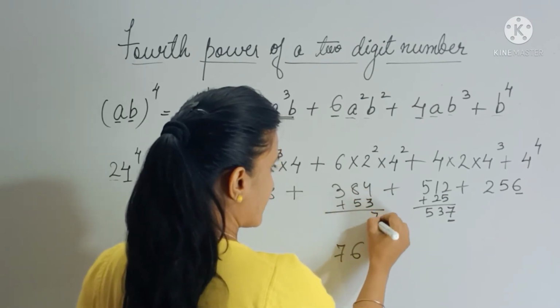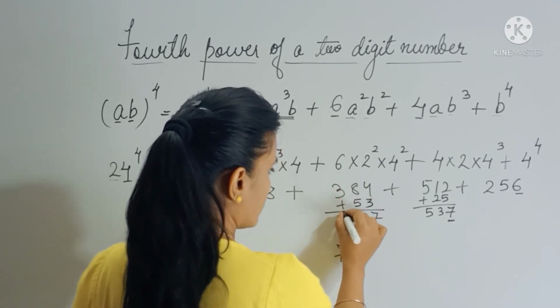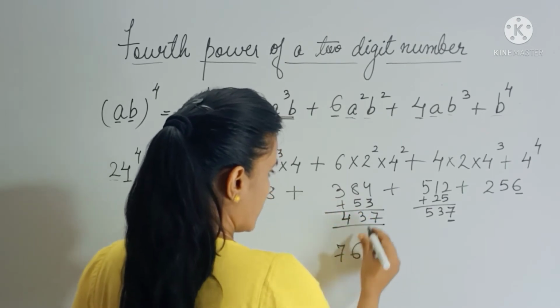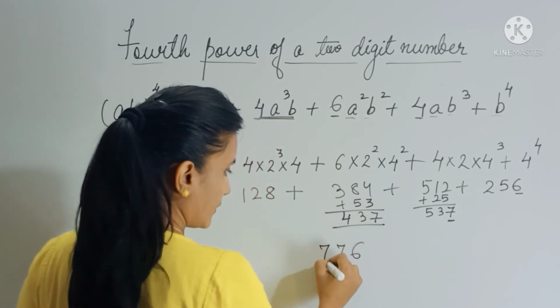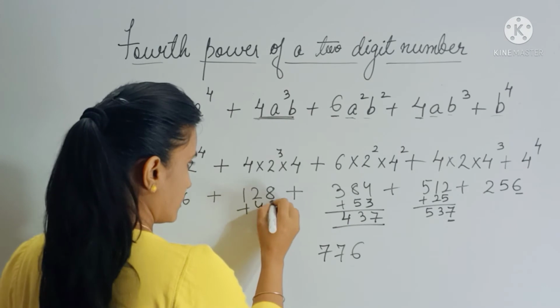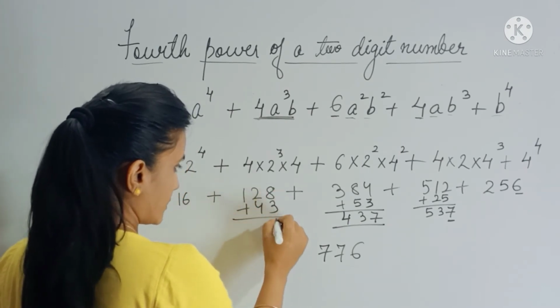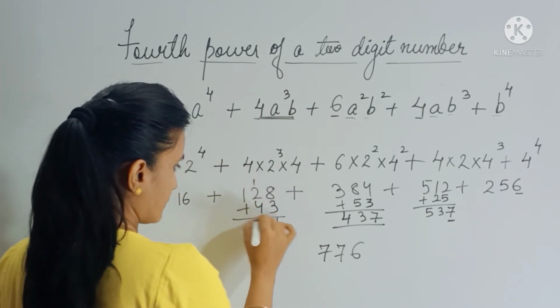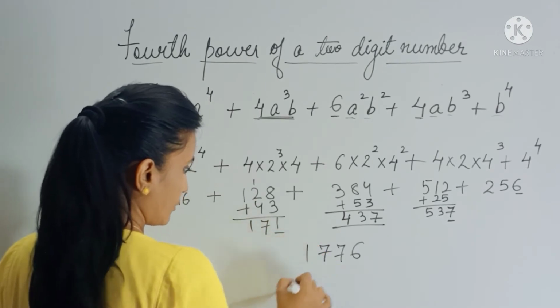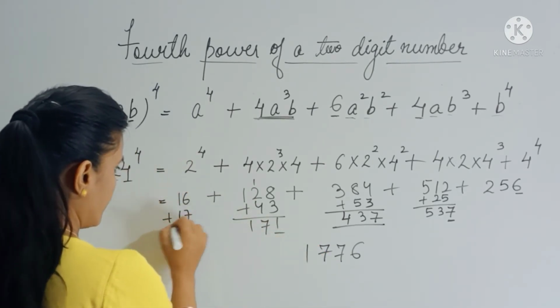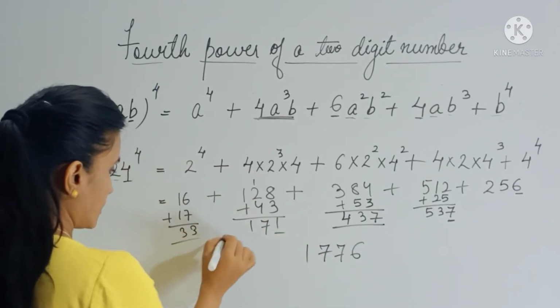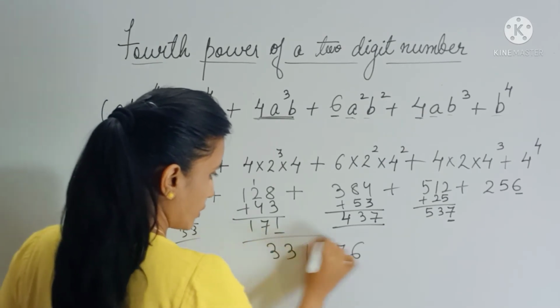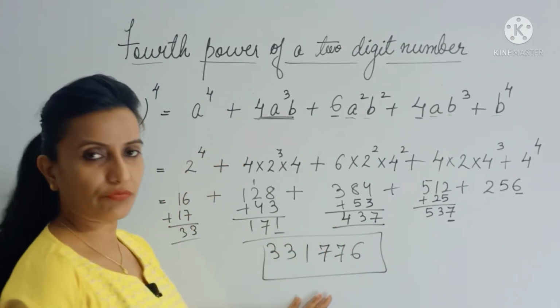So you will get 73, balance 14. So 7 you will copy here, and 43 will carry forward here. So you get 171. So 1 you have to copy here, and 17 will go here. So 3 and 3, so 331776 is your final answer.